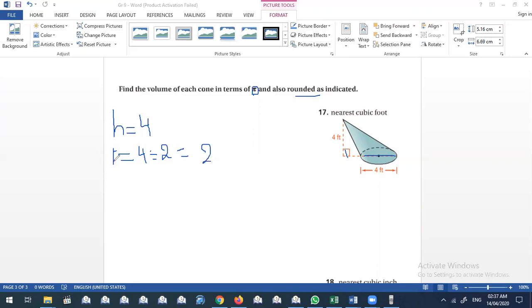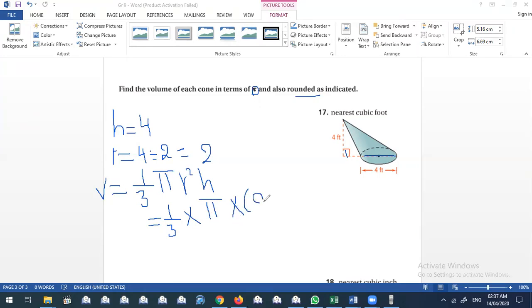Now we have r and h. That's enough. You can find the volume by using r and h: a third by r squared h. So it will be like that. A third, keep pi, no problem. R is 2 power 2, h is 4.